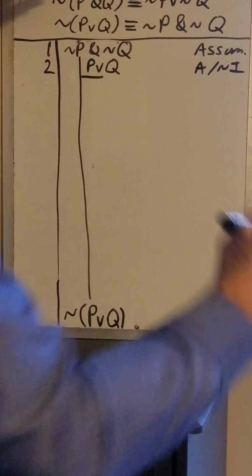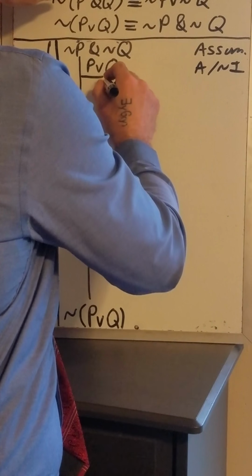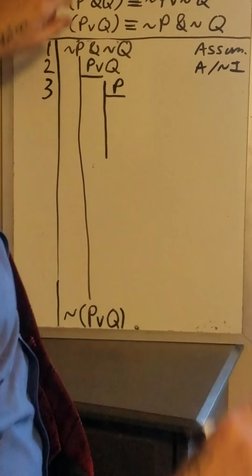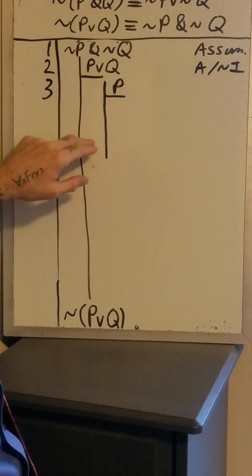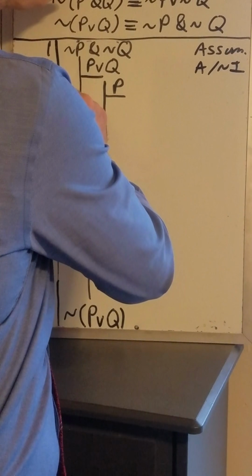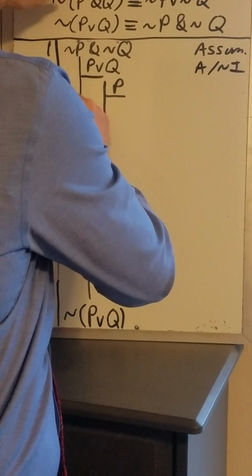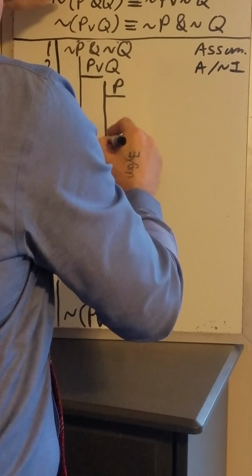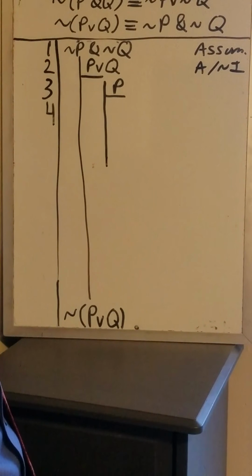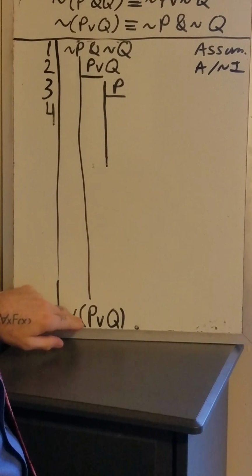So let's assume P first. And what we're trying to get here is a contradiction so that we can conclude.